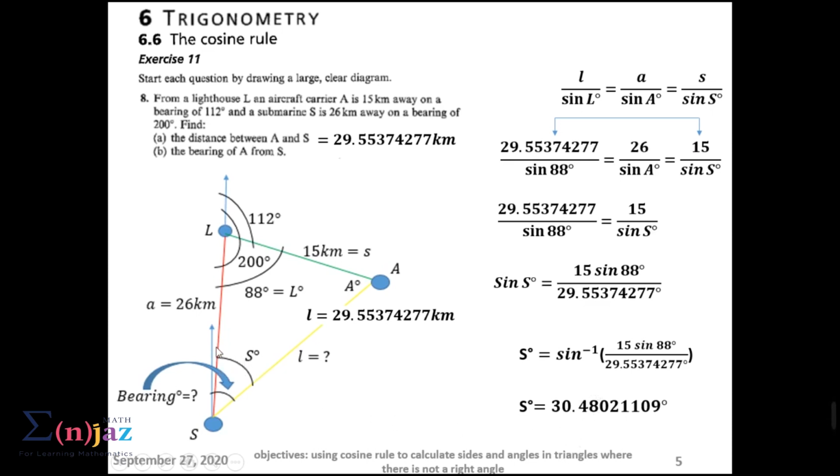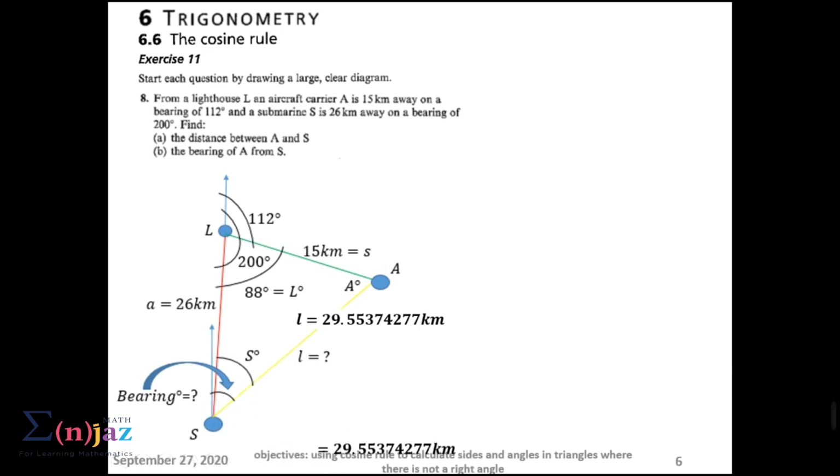Can you see this little angle here between the north line from S and the red line, or the red side, or the A side? We need to find this angle. And in order to find this angle, like I said before, we always place whatever we found on the diagram so that we know what is left to find in the question.